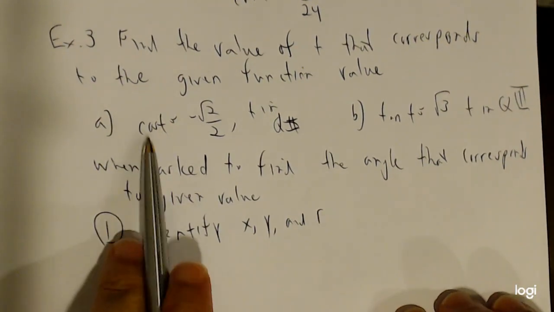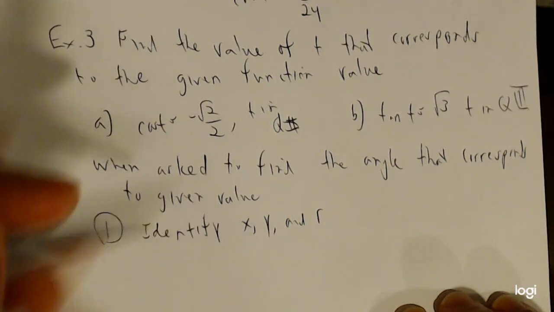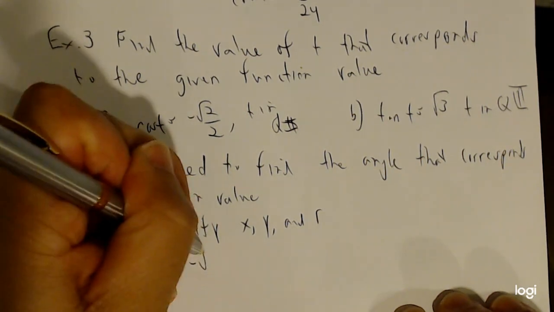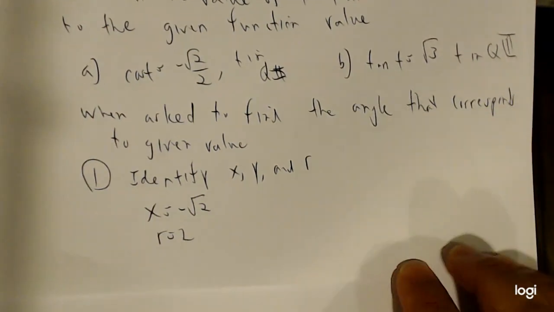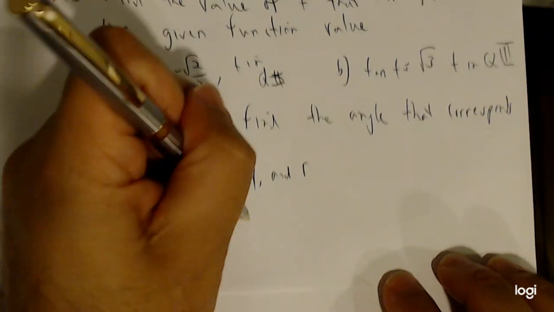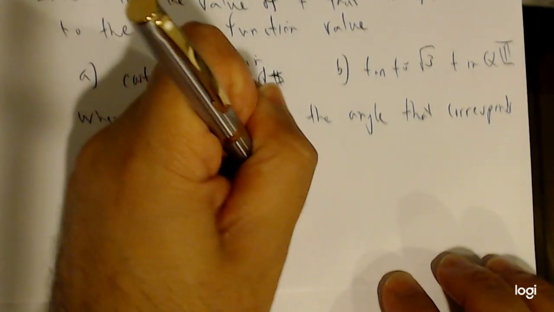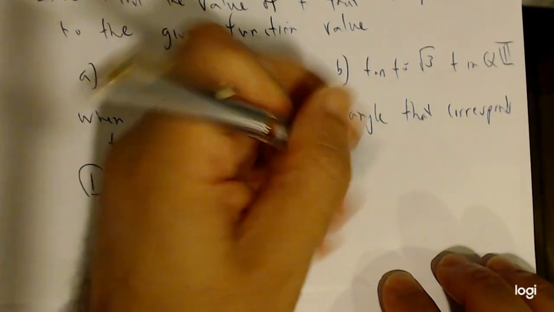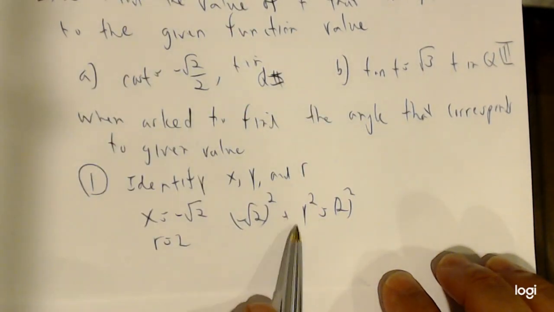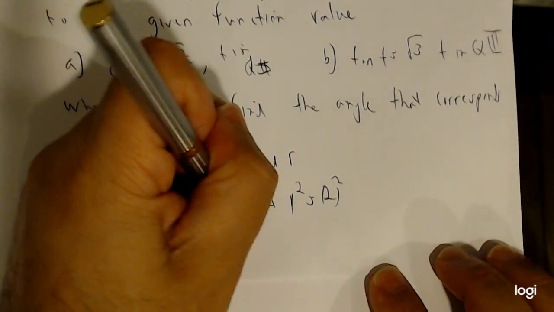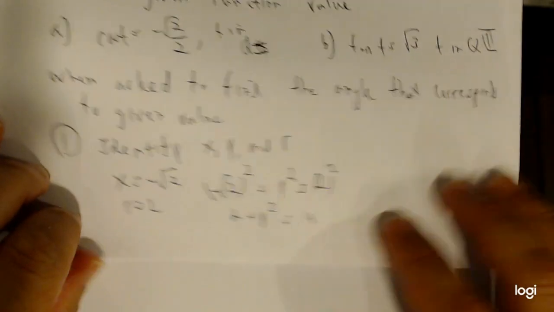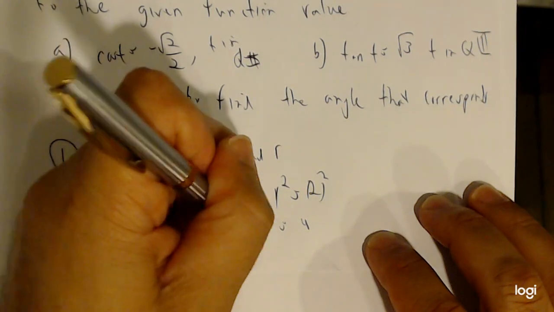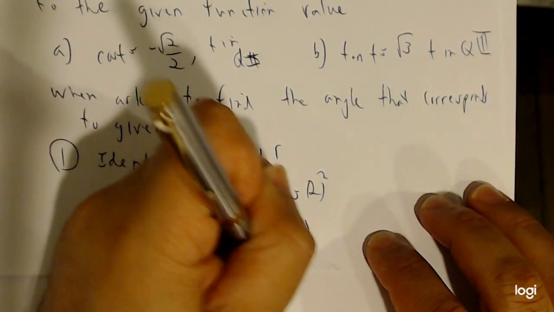If I look at this, cosine by definition is what? X over r. So x is negative rad 2, r is 2. How do I find y? I use the Pythagorean Theorem, right? So we have negative rad 2 squared plus y squared equals 2 squared. It's just x squared plus y squared equals r squared, which becomes 2 plus y squared equals 4. And then we subtract, we get y squared is 2, y is plus or minus rad 2.